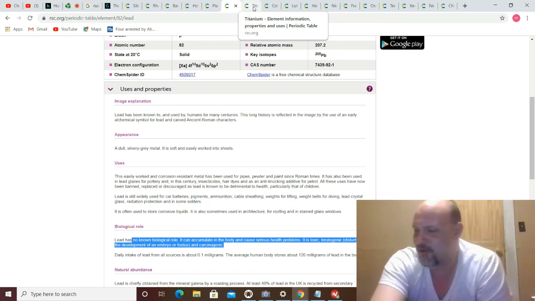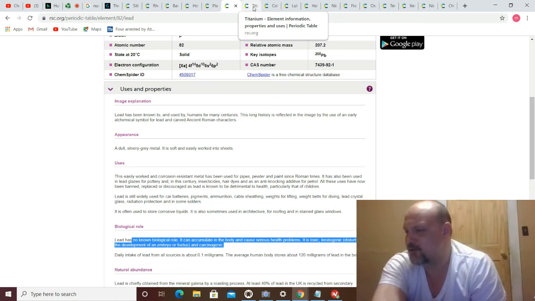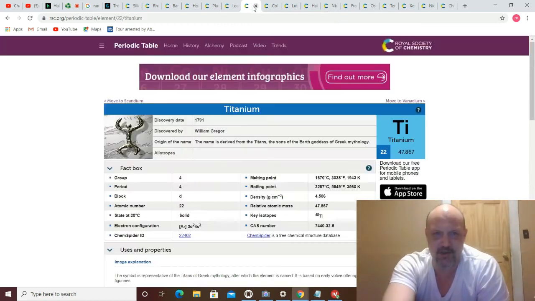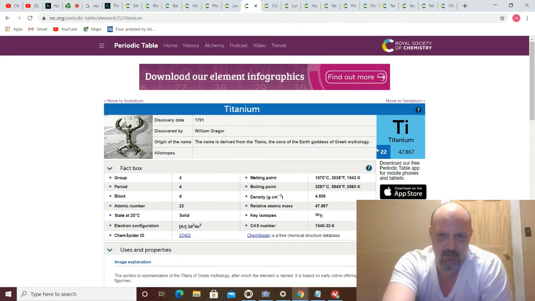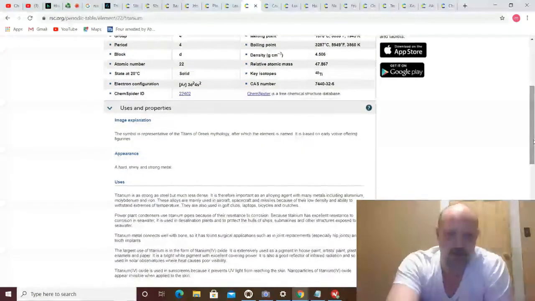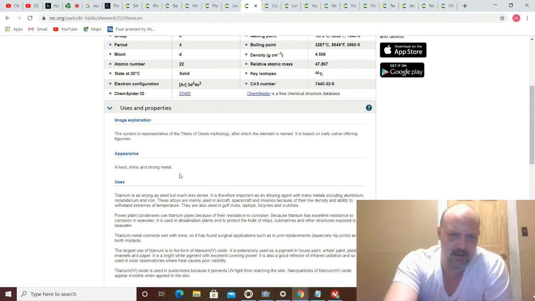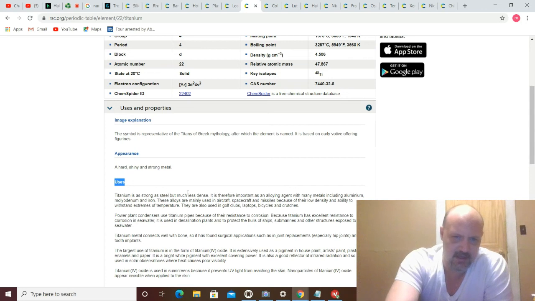So if you move on from that, you end up with atomic number 22, and that ends up being titanium. It's a hard, shiny, and strong metal. Its uses look extensive, so we're not going to read them all.